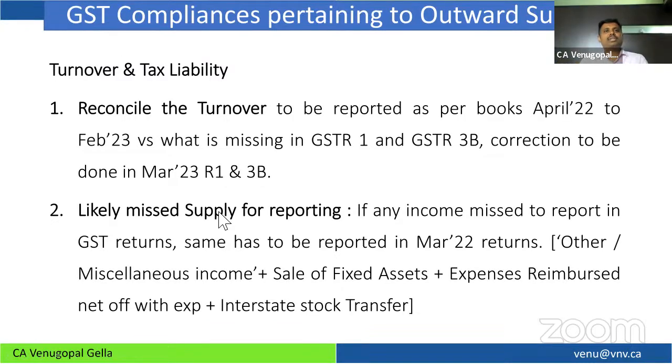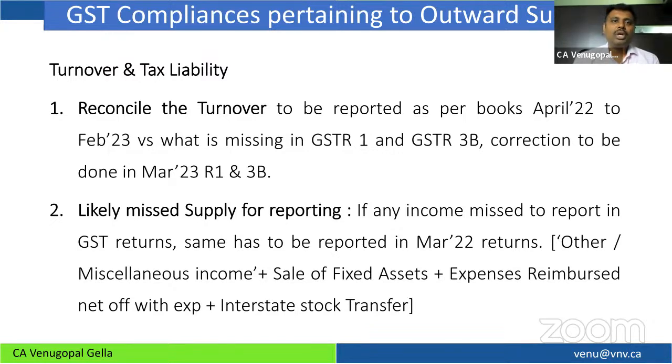Let us start with understanding what I mean by reconciling the turnover. April 22 to February 23, you have already filed your GSTR 1. In the month of April, when you are filing your March GSTR 1, you should also have a delta of what is there in the books of accounts. It is very likely that someone would have asked for a correction in the invoice.